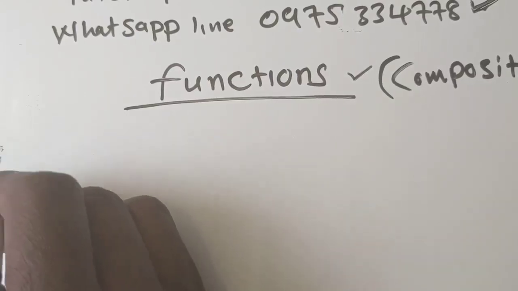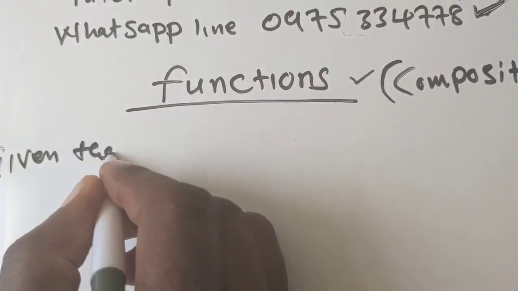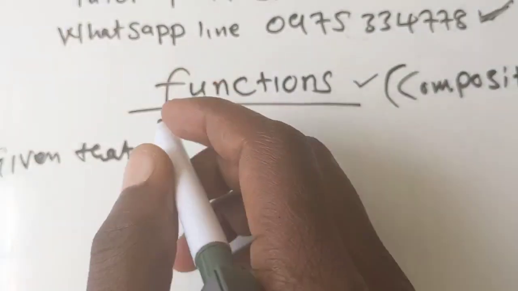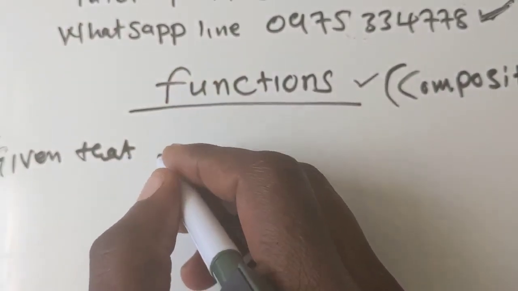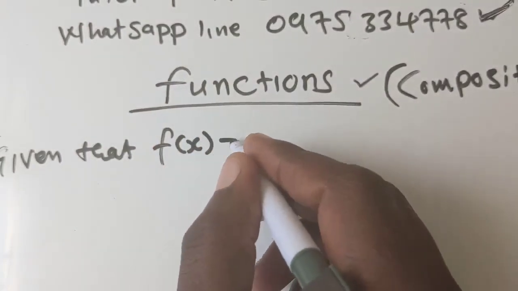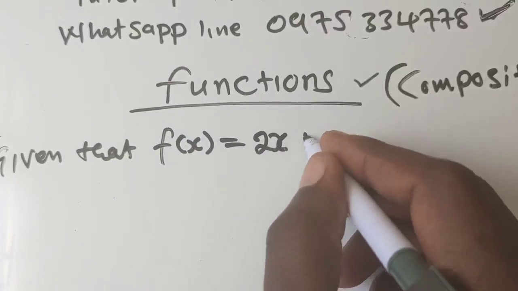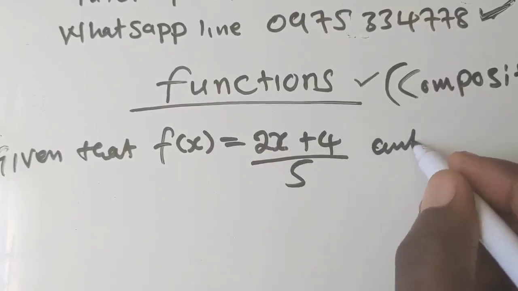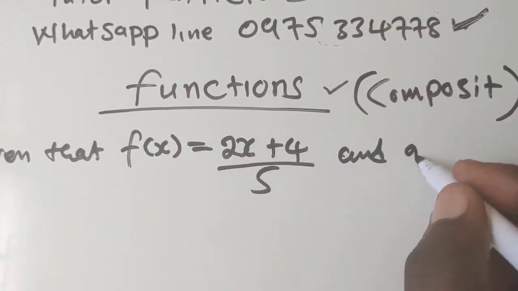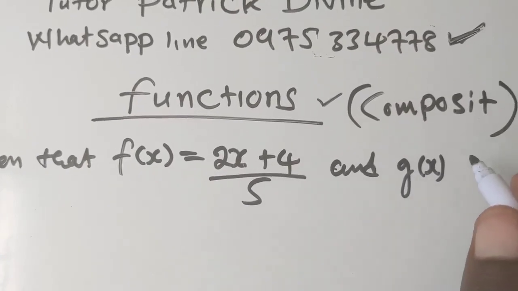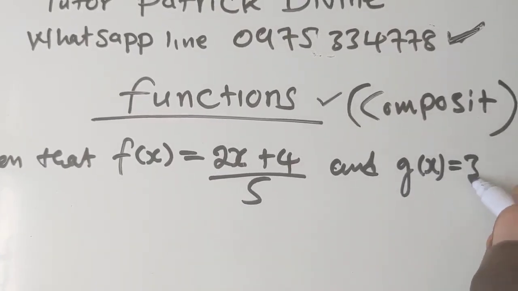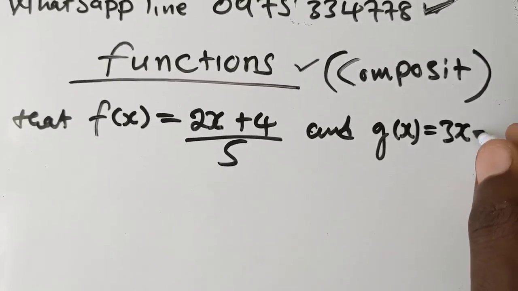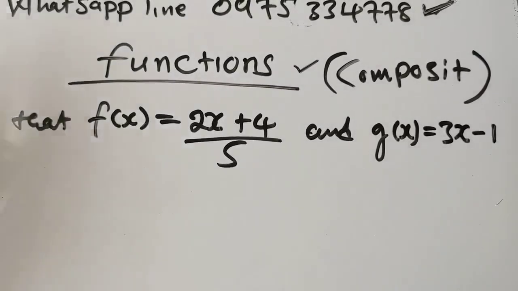The question is saying, given that f of x is equal to (2x plus 4) over 5, and g of x is equal to 3x minus 1, like that.